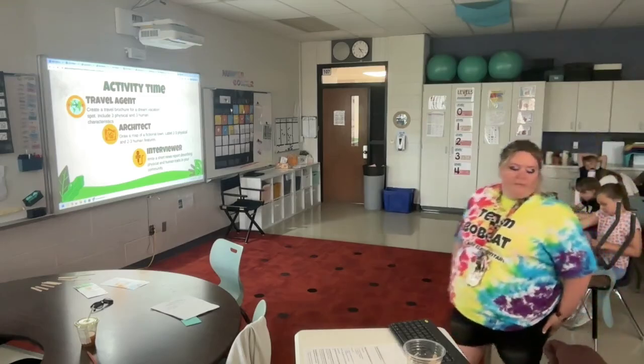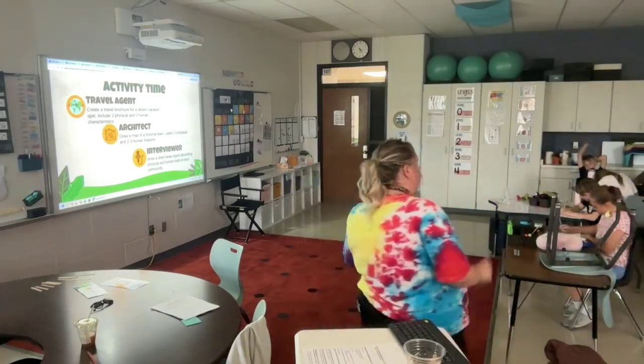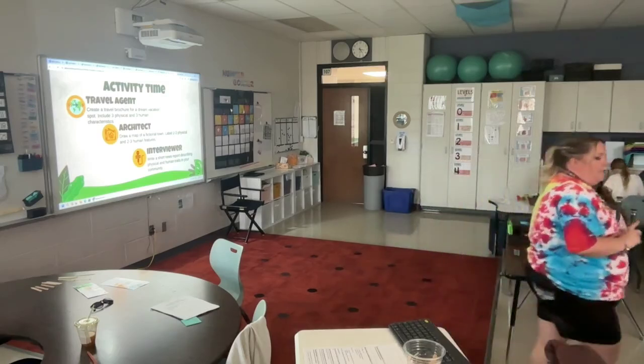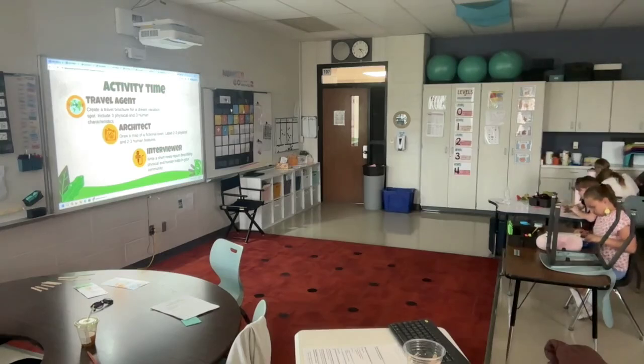Remember, as you're drawing your maps or making your brochures or writing your stories, don't forget 2 to 3 of your physical characteristics and human characteristics. Think about what we pointed out on our Statue of Liberty slides, or even the things we pointed out in our Bay Lane slides, or our American Family Field.